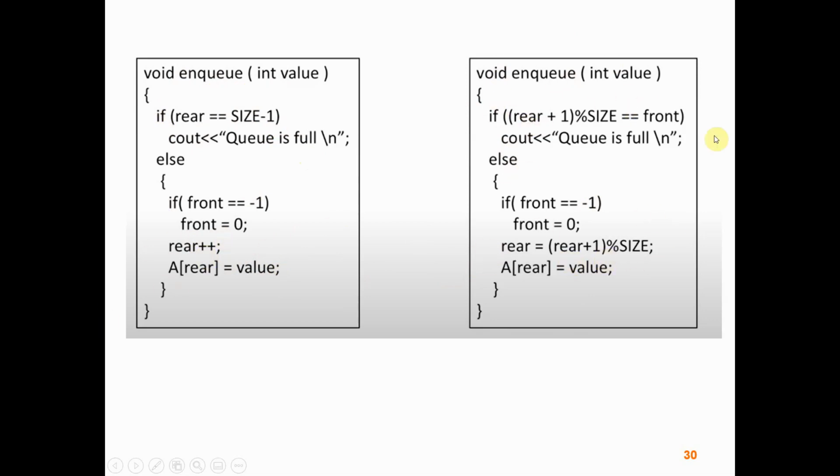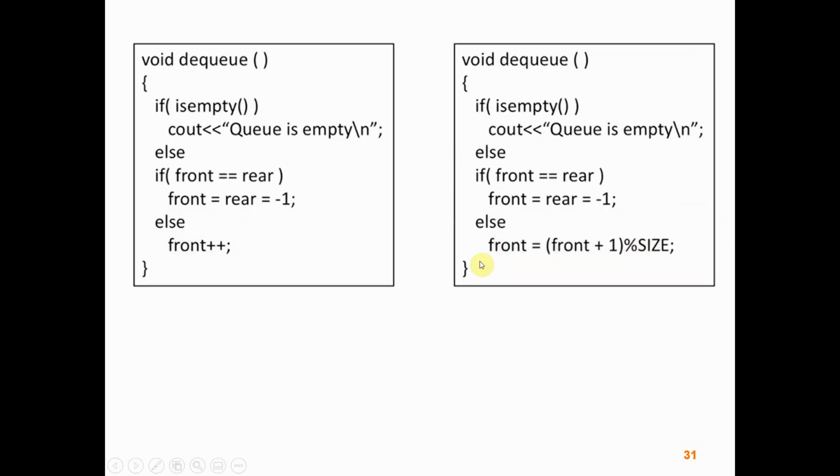In order to wrap around the array, we just had to change this condition, and we had to change the rear plus plus to rear plus 1 mod size, so that when we get to the end of the array, we start from the start of the array. Similar comparison between the dequeue function in the linear implementation and circular implementation. The only difference is this part, right? You see that?